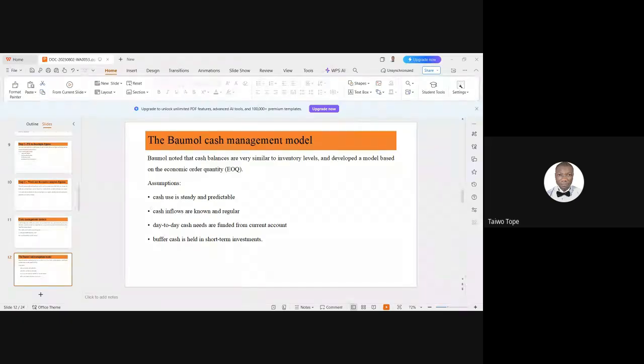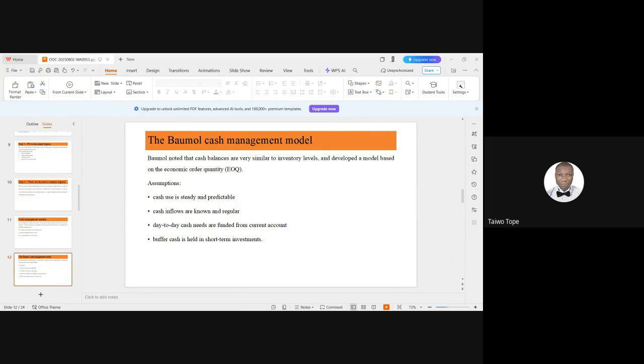So when your cash flows are not predictable, what you need to do as an organization is to hold buffer cash to ensure that you can still meet certain obligations, such as your payments to your suppliers, salaries and wages, your utility bills, and any emergency expenses that can come in the way of the organization. So that is some of the assumptions that this model works on.